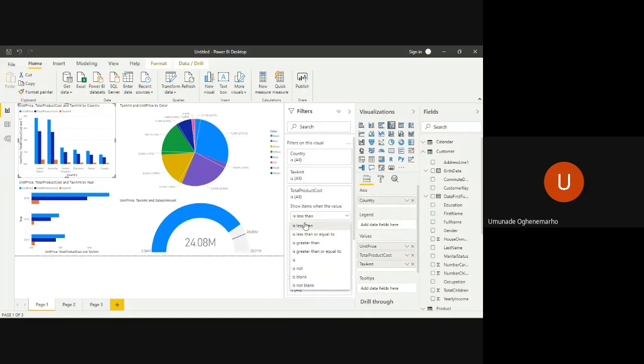So let's say is greater than, let's say, tax amount, total product cost is greater than 2 million. Apply filter.